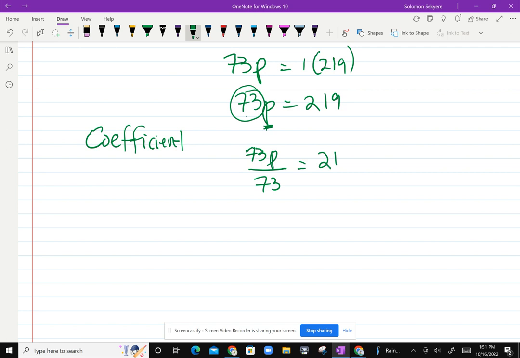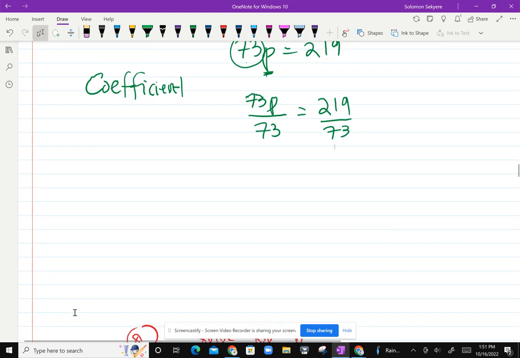So 219 divided by 73. So P is, what is 219 divided by 73?